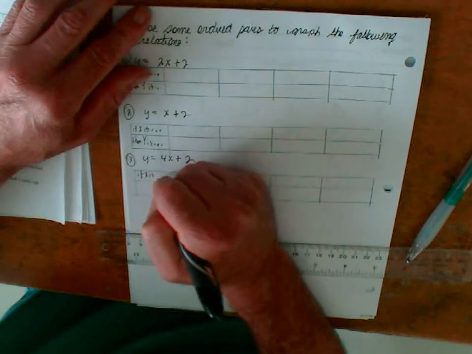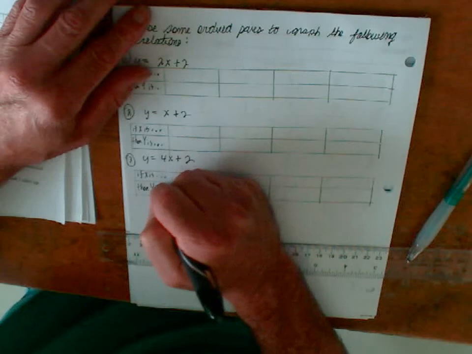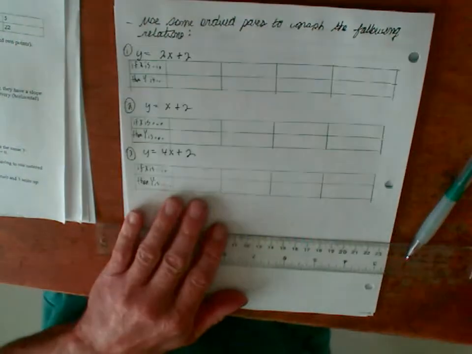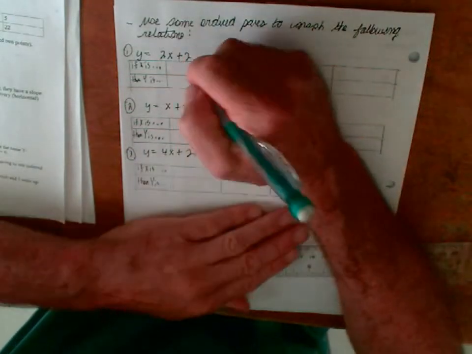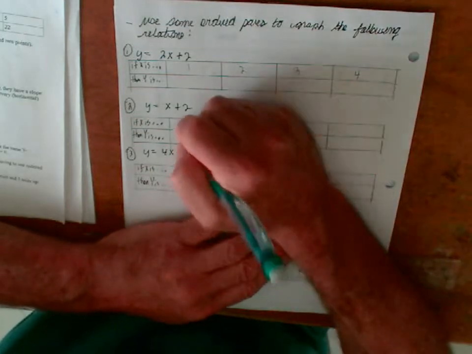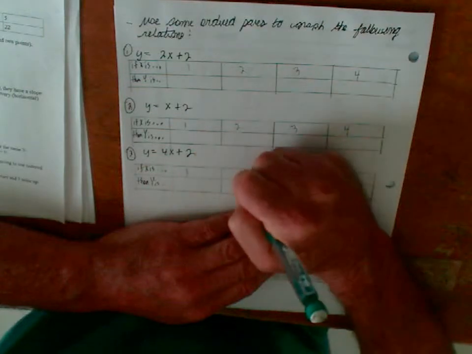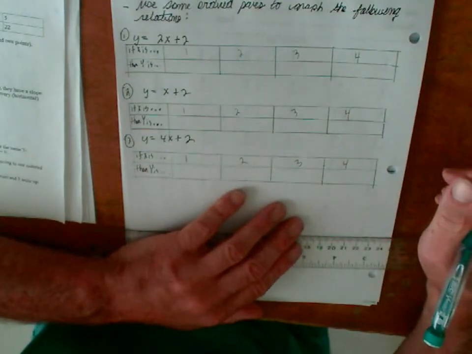If x is, then y is. So we're going to use the same x values: 1, 2, 3, maybe we'll just do 4. Now we've got to generate the y values.